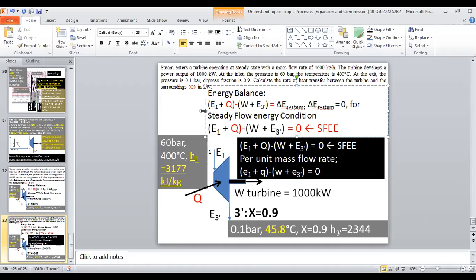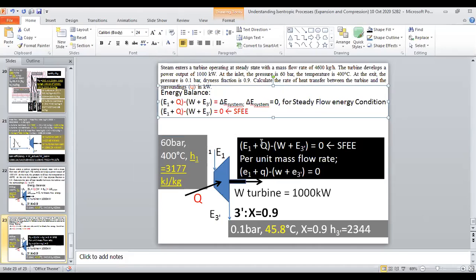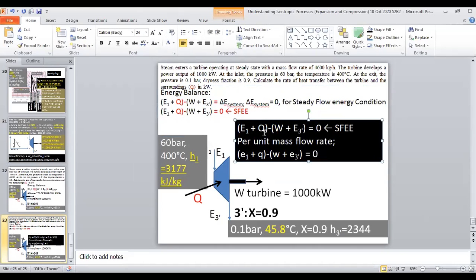Actually, we have discussed the steady flow energy equation earlier, very briefly.